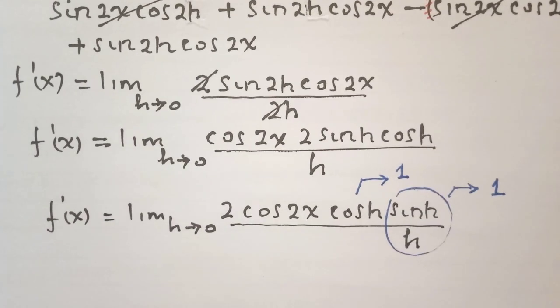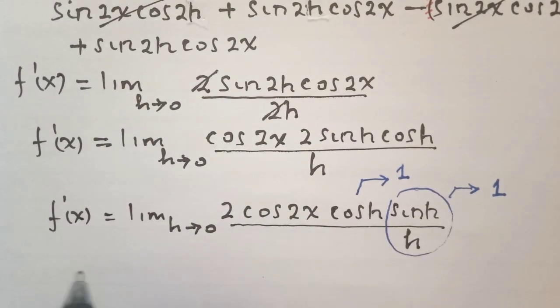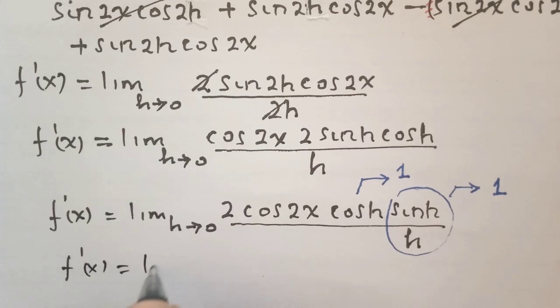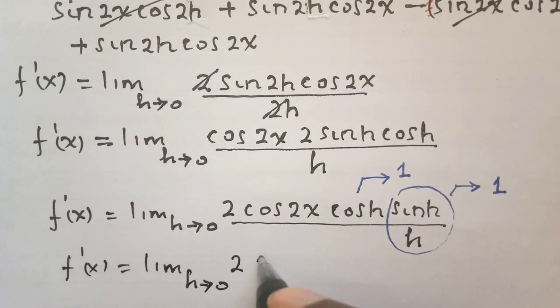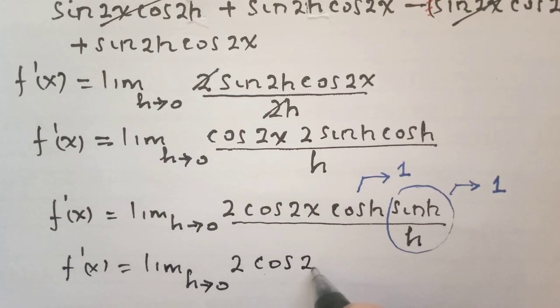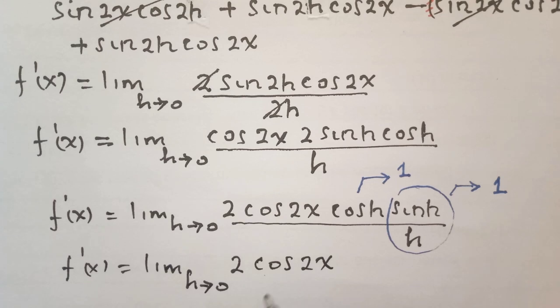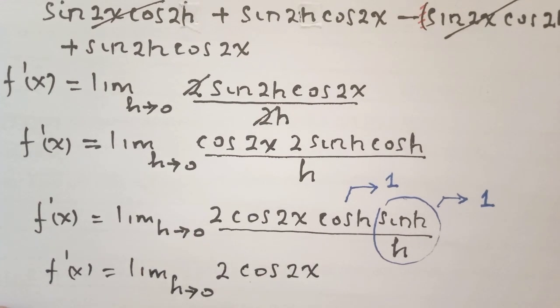And so guys, our answer then should be f prime x equal to limit as h tends to 0, 2 cos 2x. So that is our answer, guys.